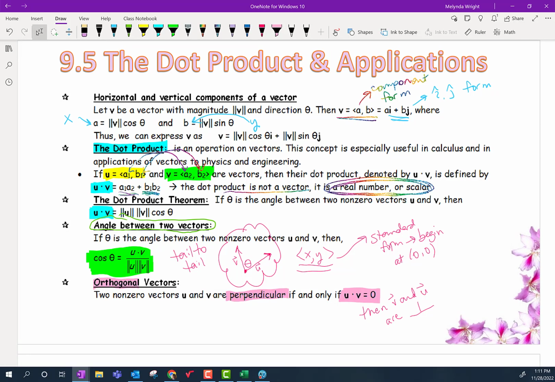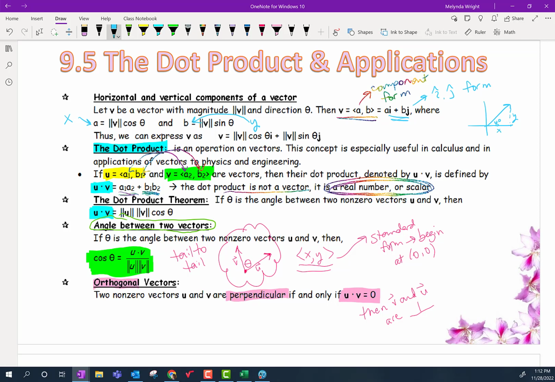I'm just going to remind you of what we have done in the past. So if we have a vector like this, and let's say this angle is 45 degrees, and we just want to find the x and the y. X is horizontal, y is vertical.